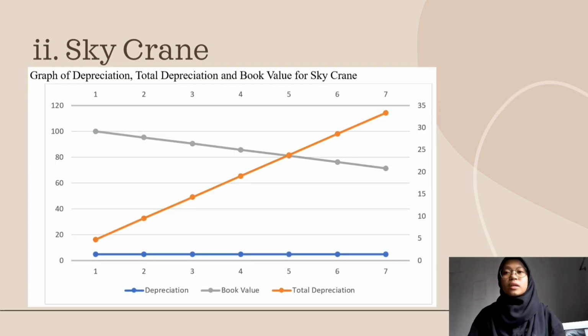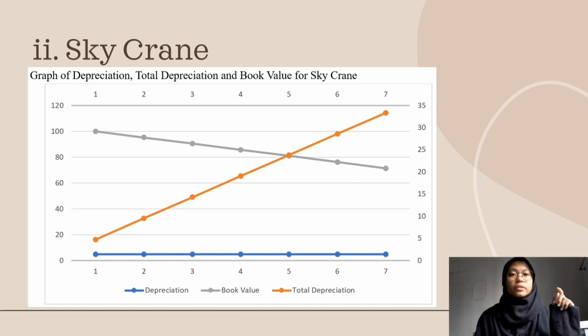The shape of the graph is also the same as the crane just now. We have the constant value line, which is the depreciation value for the sky crane, 47,000. Then we have the increasing orange line, which is the total depreciation.